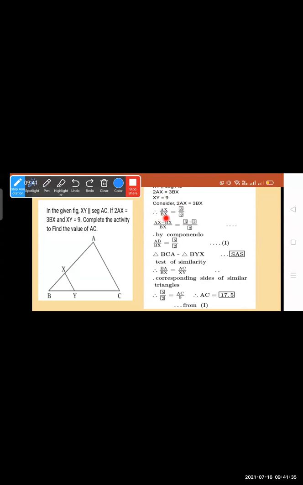Then again they ask AX plus BX upon BX. AX we have 3, BX we have 2, so we write 3 plus 2 and BX again 2. So 3 plus 2 is 5 and here we write 5/2.